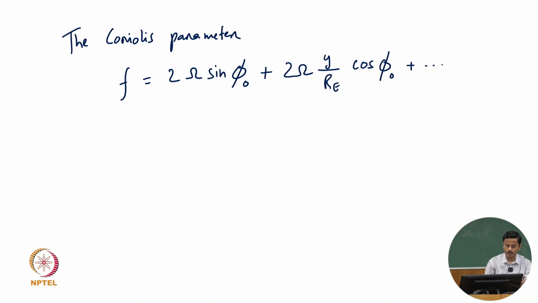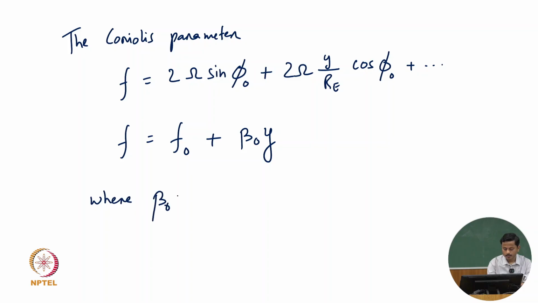Now we ignore the higher order terms and we can write f equal to f naught plus beta naught y, where beta naught is equal to 2 omega by RE times cos phi naught, and this is called the beta parameter.